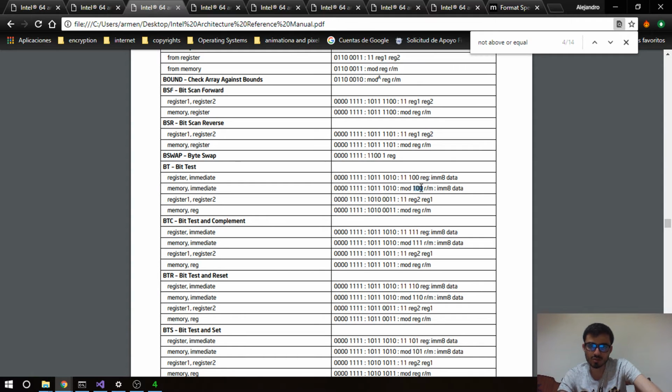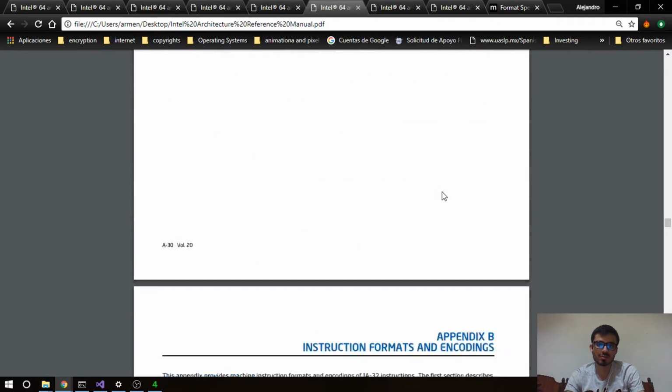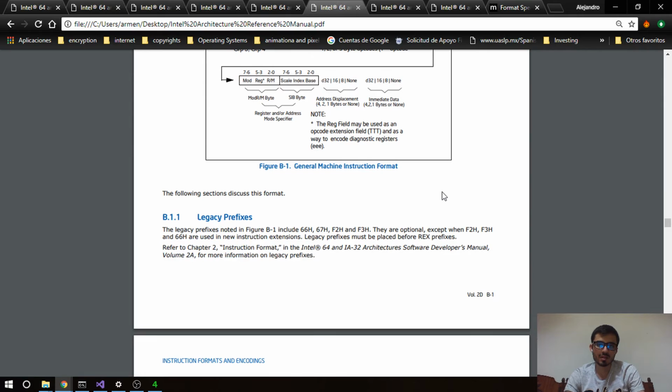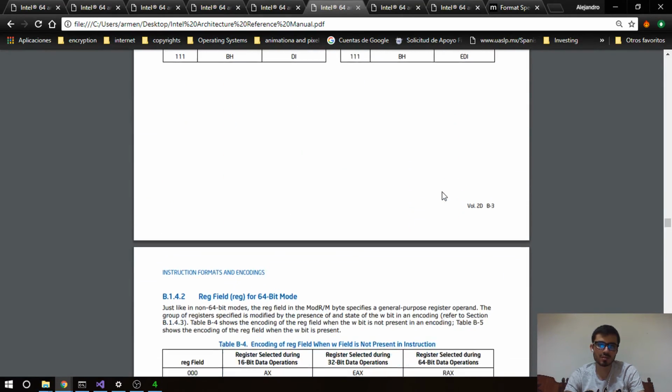We can see here another special signature, mod RM immediate 8 data. This works with immediate 8s. That's interesting, because if you remember, immediates are sign extended if we have some special characteristics.